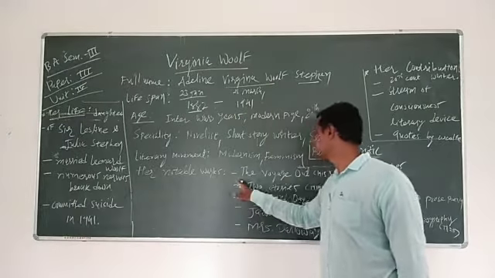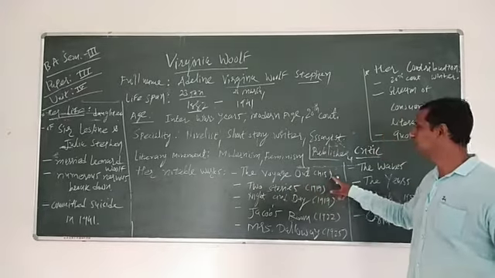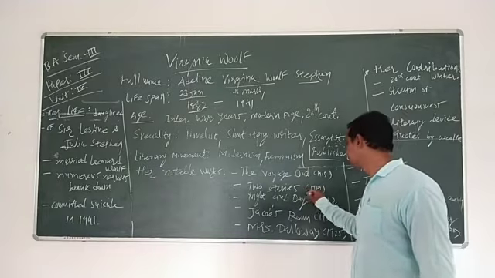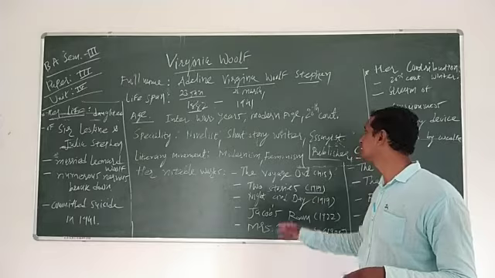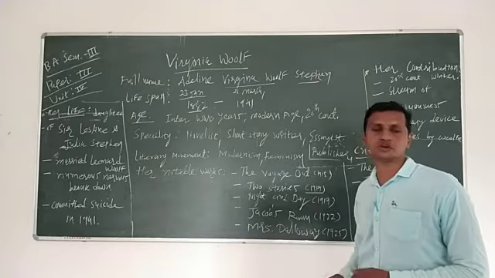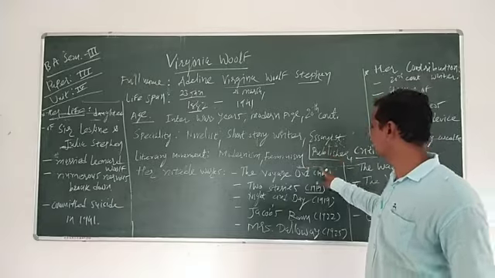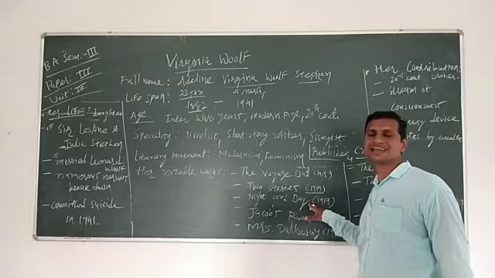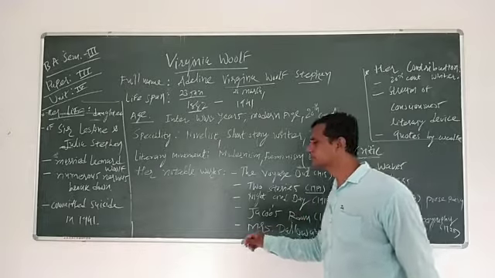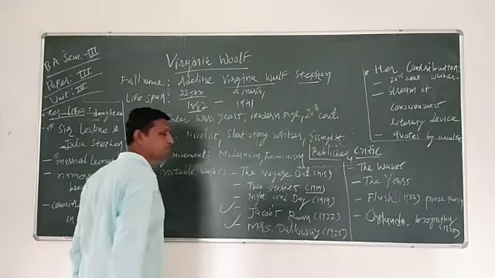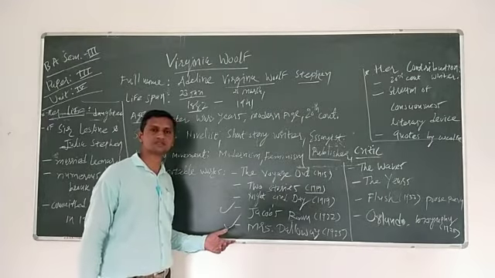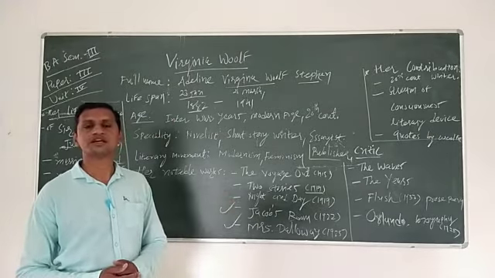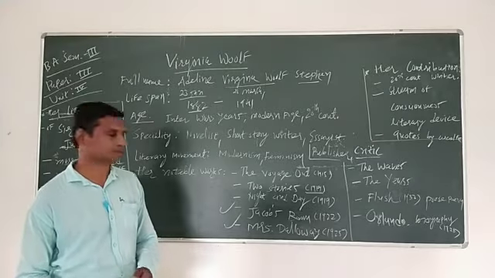Her notable works are The Voyage Out, 1915, and Two Stories, 1917, the first book published in her own publishing house, the Hogarth Press. Night and Day, published in 1919, is her most popular novel, a masterpiece that appealed not only to readers but also to the literary critics of that time.